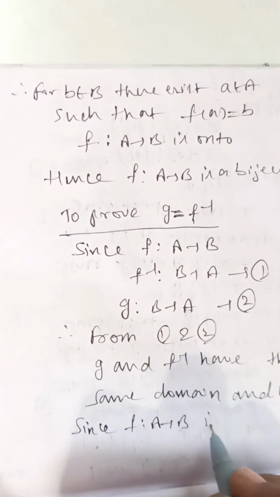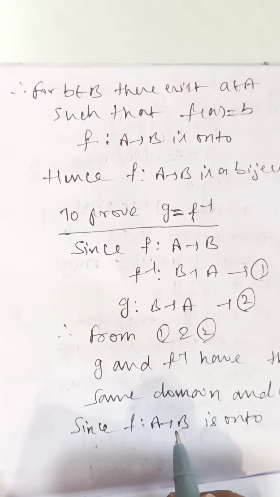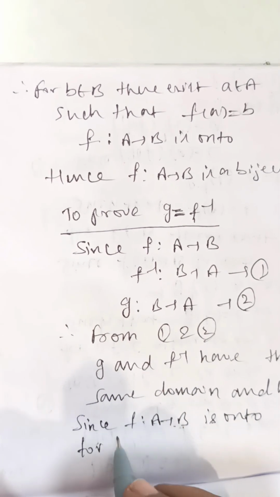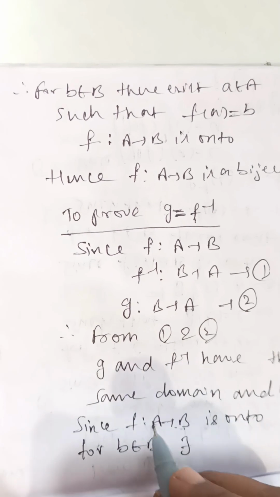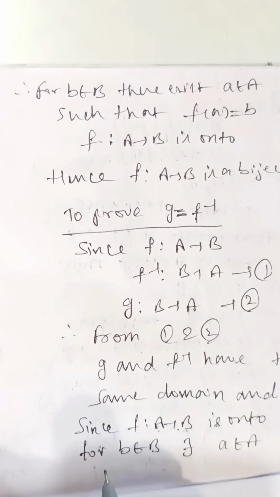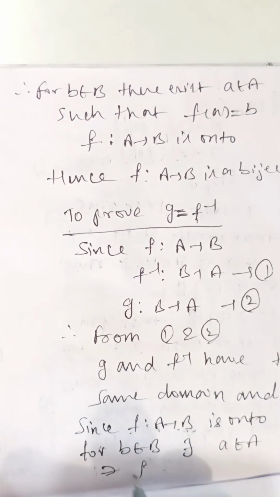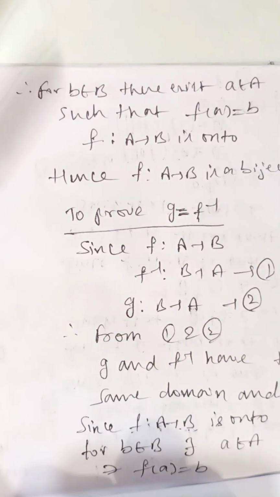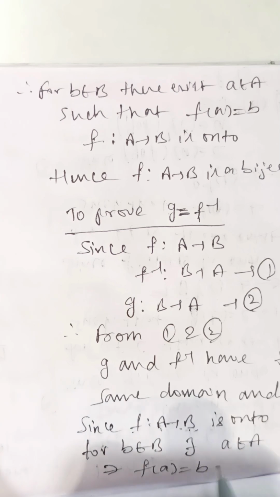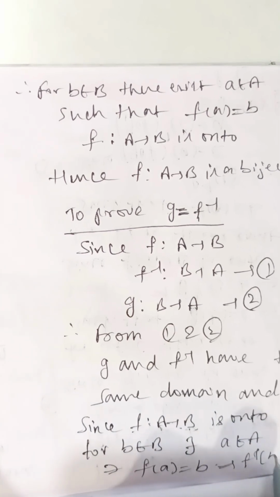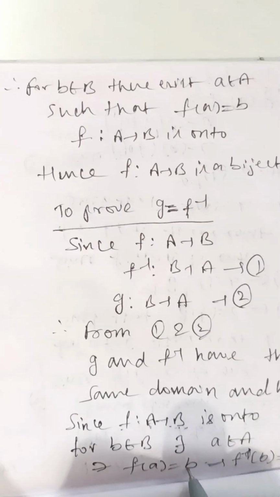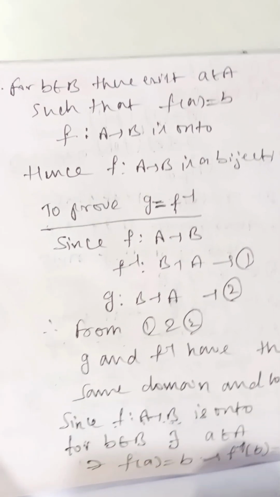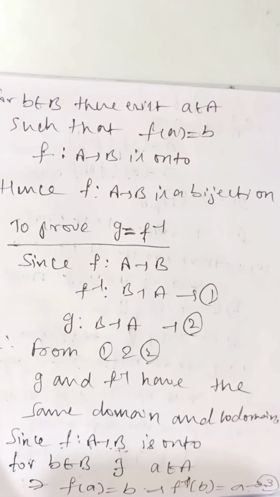Since f maps A to B is onto, so for an onto function we have to take one element in B. So for b belongs to B, there exists a belongs to A such that f of a equal to b, and inverse also. So inverse function is f inverse of b equal to a. Okay, this is equation number 3.